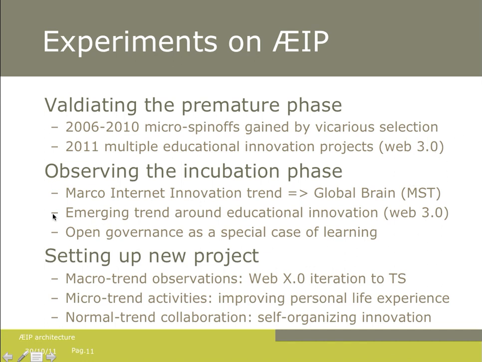First of all, we see a macro internet innovation trend, which Francis Heylighen has been working on the last 20 years, called the global brain. It's considered a meta system transition, but I'm not going to get into that because then I need to explain the origin of life, which I won't be doing.